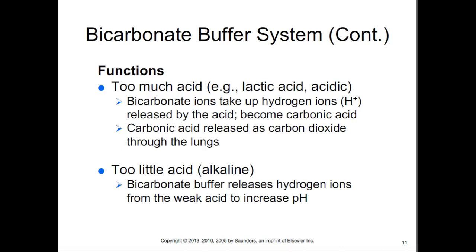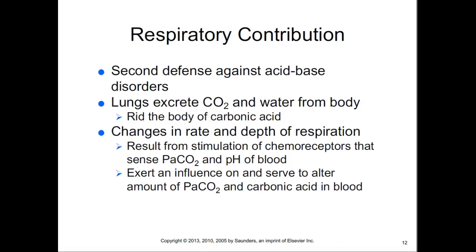Like I told you, too much hydrogen ion causes you to left shift, right? So then in too little acid, when the H plus on the right side is too low, everything else is high in relation, yes? So the bicarbonate buffer then is going to release hydrogen ions from the weak acid, carbonic acid, to increase your pH. Right?